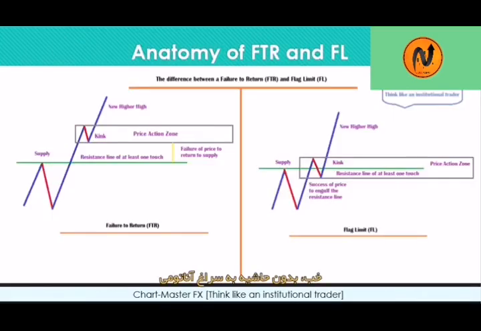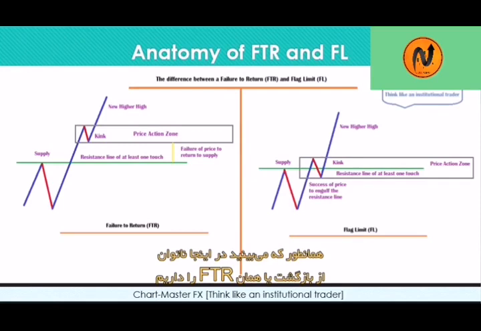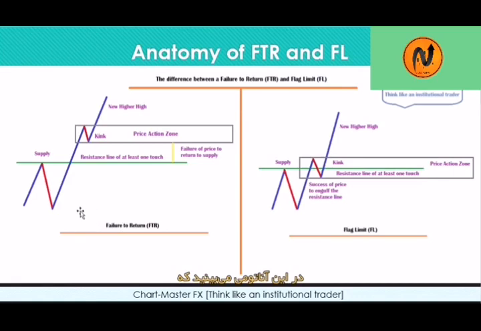So let's go straight to the anatomy of the FTR and the flag limit. Here we have our failure to return, which is FTR. On this anatomy, you can see that here we have a rally in price, and the price made a cap here, and finally dropped down.